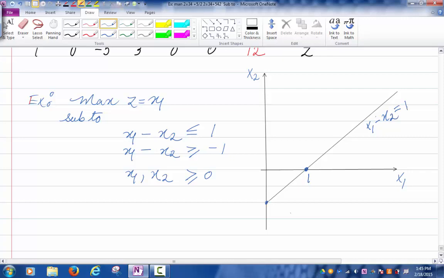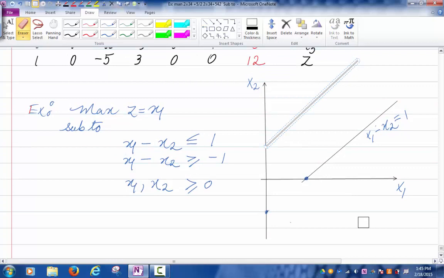And do I need the graph below the x-axis? No, because X2 is positive, not negative. Okay, what's the graph of the second equation? X1 minus X2 is equal to -1, and that will be this one here. They are parallel, in fact.